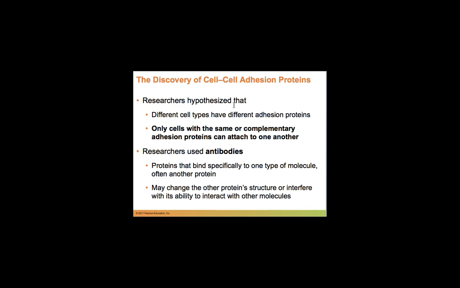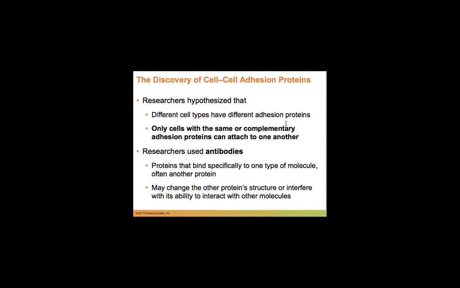They have different functions. They're going to be made up of different fibers. It can't happen. So cell-to-cell adhesion proteins, in order to start linking cells together, they have to be specific to one another. They have to have the similar adhesion proteins or complementary adhesion proteins to link to one another.